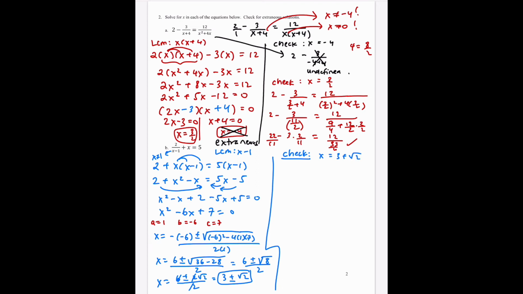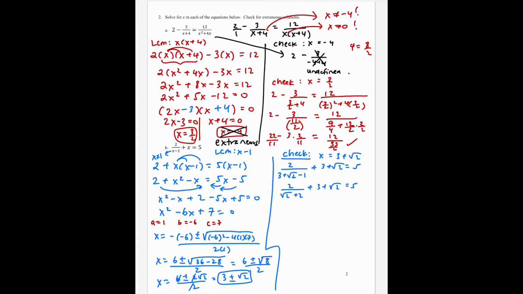It would just be 2 over 3 plus root 2 minus 1, plus 3 plus root 2 is equal to 5. All right, so the bottom one is going to become 2 over root 2 plus 2, so it's root 2 plus 2 plus 3 plus root 2 is equal to 5.